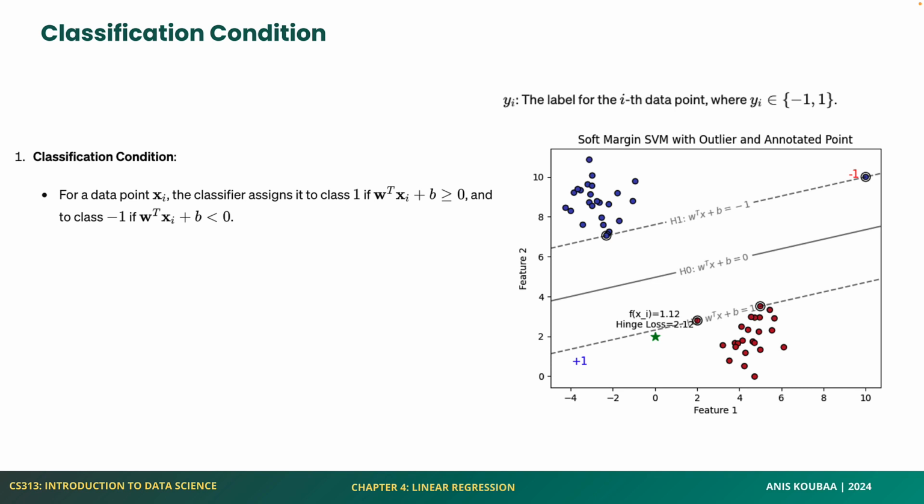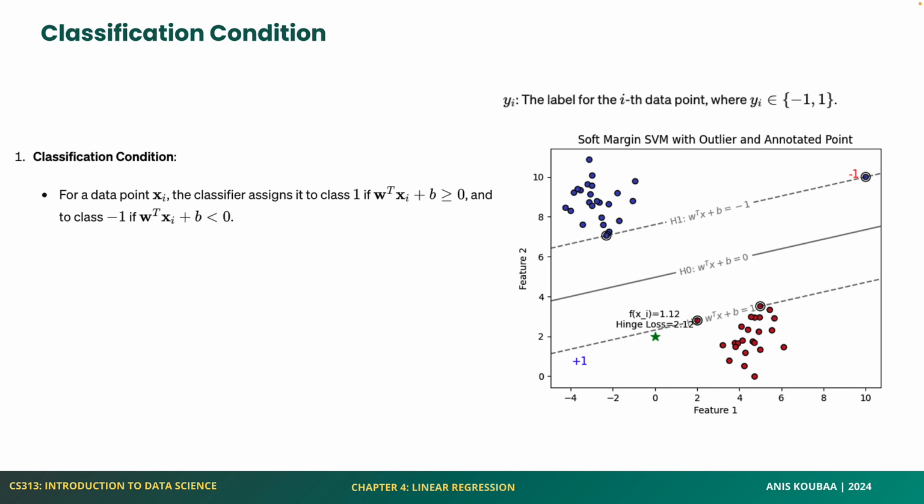Forget about these two lines; consider only this one. Imagine we don't have the margin. If I have a point here, what will be the classification? 1. And the point here? -1. So that's very clear. This is what we call the classification condition.